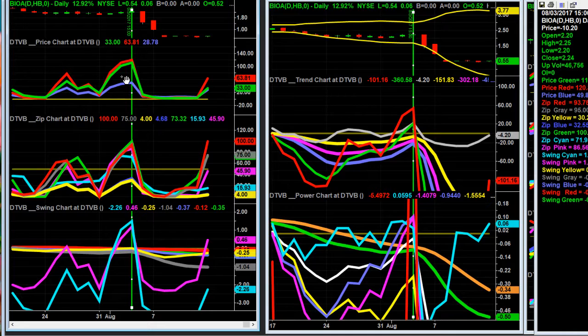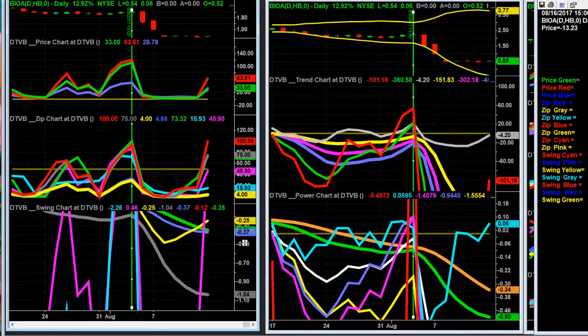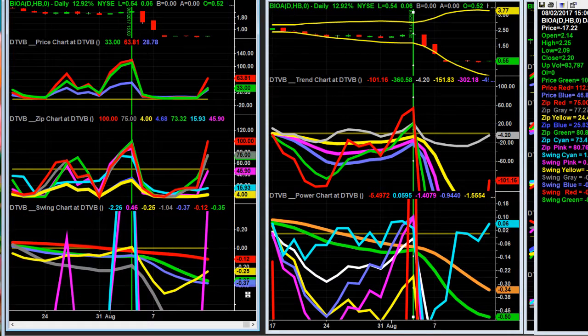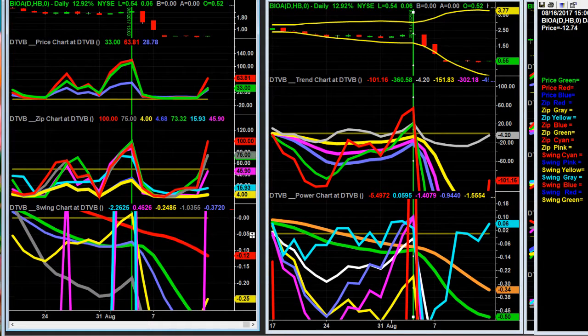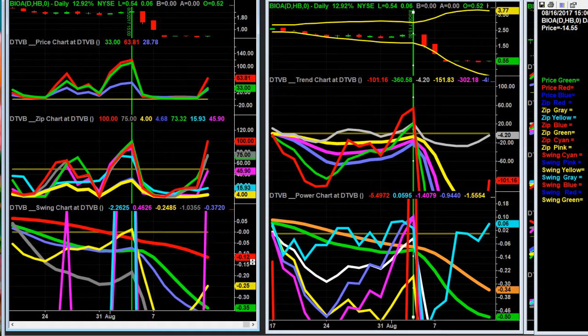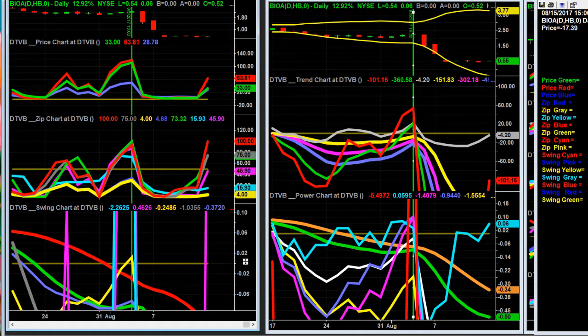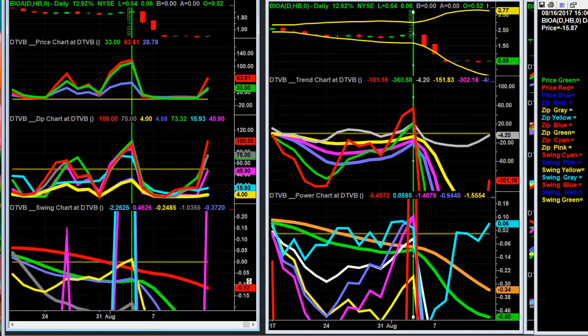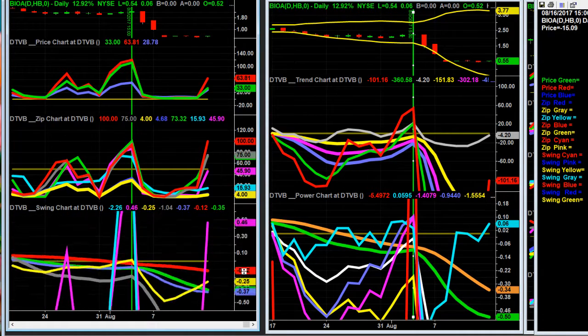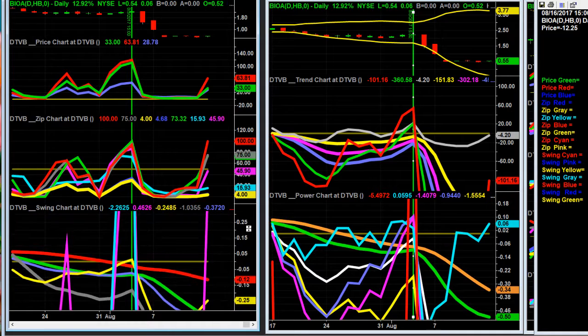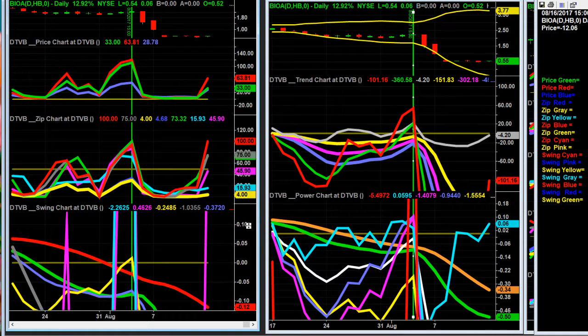You can see that as well in the price red and price green lines. And if you expand on this, you can see that yellow just went over the top of zero, so we identify that as poking its nose out above things. You've heard that expression or seen how I talk about that. And that's one of those cases that we have here in the swing yellow.